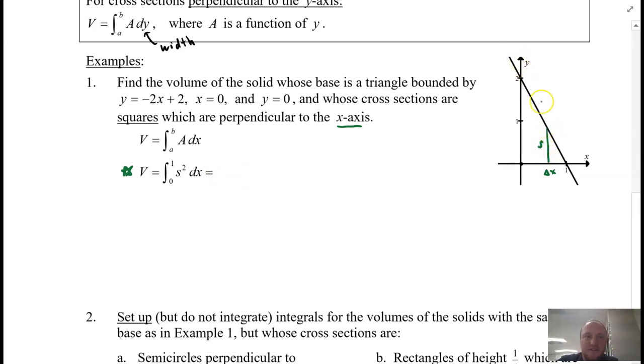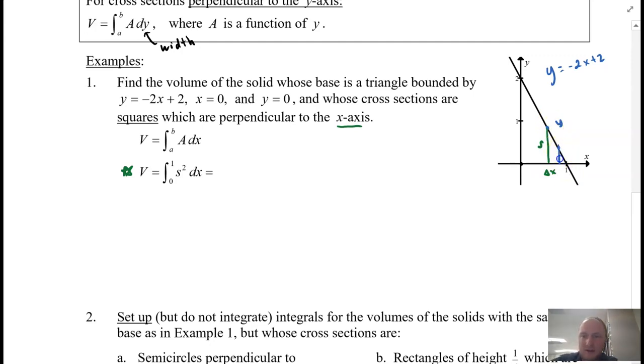Well, I know that this line is y equals negative 2x plus 2. And if I was to calculate this distance for s, isn't that the height here? Isn't this y? So I can go ahead and plug in this y is equal to s. That's going to be one of our side lengths. Whatever y is, that's the height of my square.